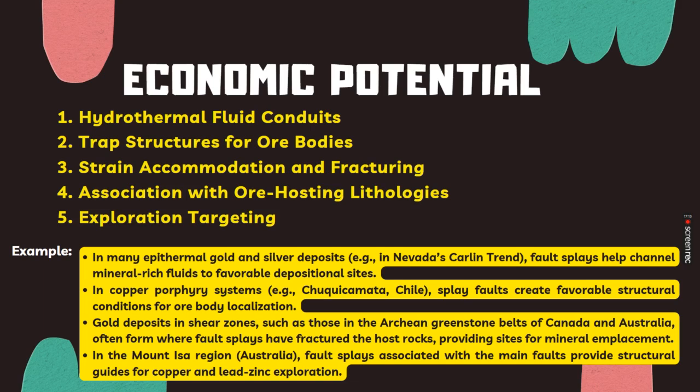Now, the main important thing, we come to the economic potential aspects. See, splays act as better hydrothermal fluid conduits, as I have mentioned in an earlier video as well, because splays act as secondary, tertiary, never primary. That means it can never be a first order structure. It is either second order, third order, and so on. These second, third order and higher are more important structural positions for economic mineralization because of hydrothermal fluid circulation, because they are better conduits, and immediate chemical reaction takes place.